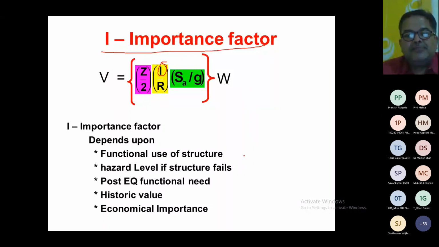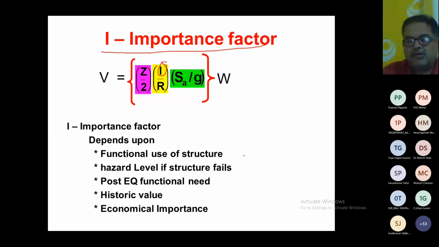A hospital is important for the post-earthquake need, right? Your hospital building should remain functional after an earthquake, and therefore we have to design it so that it remains functional after the earthquake. It means we design for a higher earthquake force.